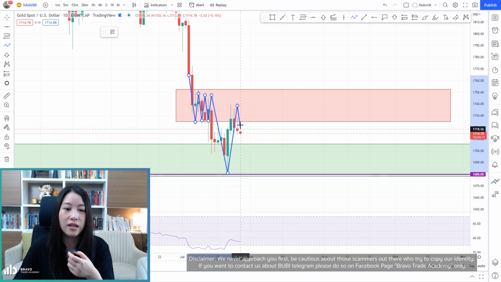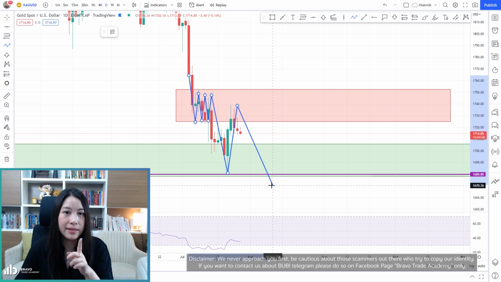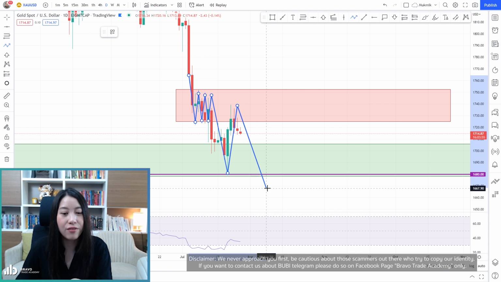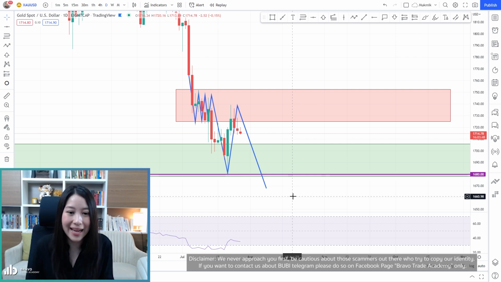However, it could not remove all of the supply here, so to be honest, the price could go straight down to test this significant supports again at 1680, or even make a lower low here. All right, this is the picture for the daily time frame.